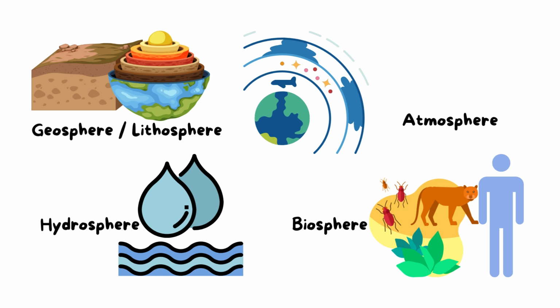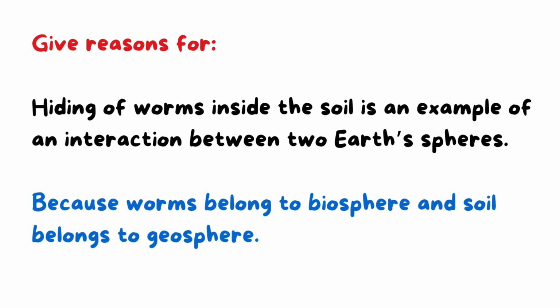And we have the biosphere, which includes all the living organisms, and the hydrosphere, which includes water on Earth. So here worms belong to the biosphere, and soil is the geosphere. So the hiding of worms inside soil is an example of interaction between the biosphere and geosphere.